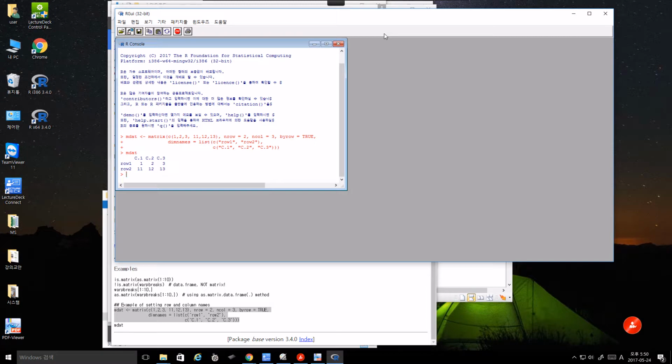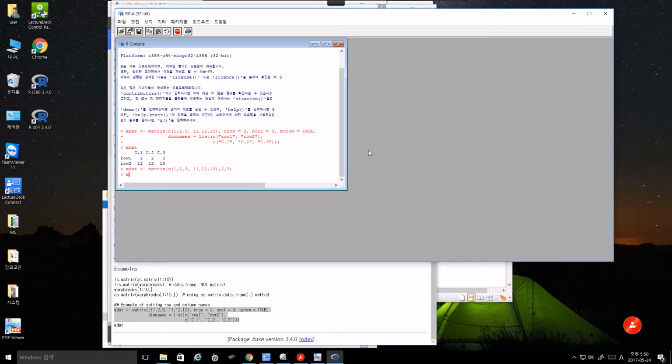So let me show you step by step. First, matrix is the function, and then we have parentheses, and c means the array 1, 2, 3, and 11, 12, 13. So we are going to make a matrix whose entries are 1, 2, 3, 11, 12, 13. And then let's say the number of rows is 2 and the number of columns is 3.